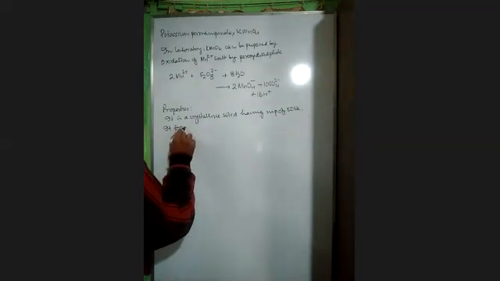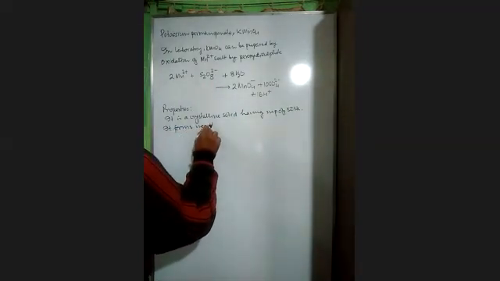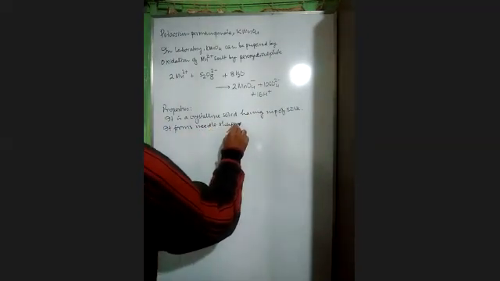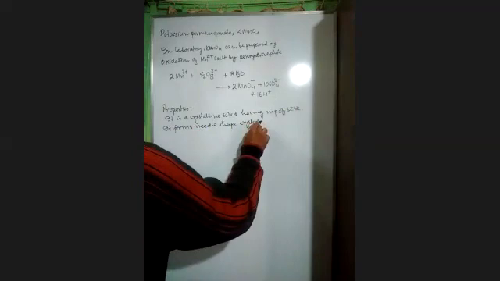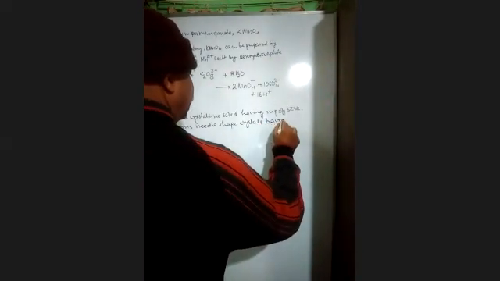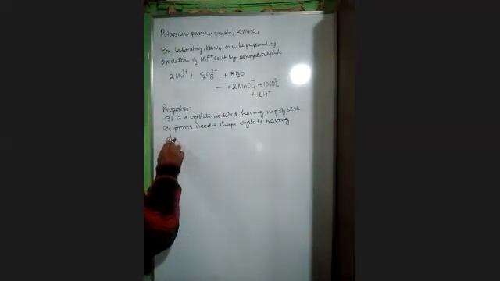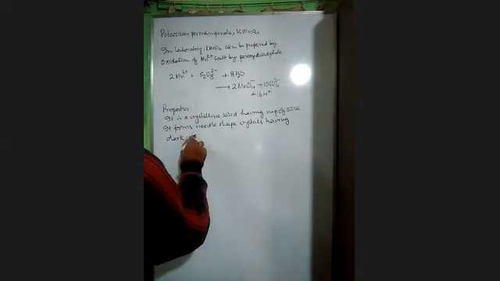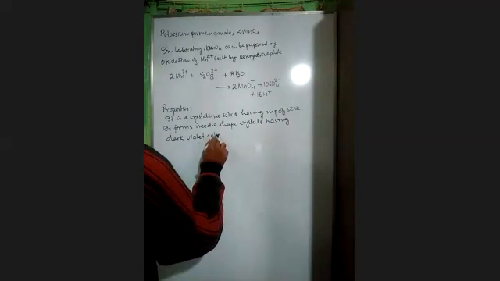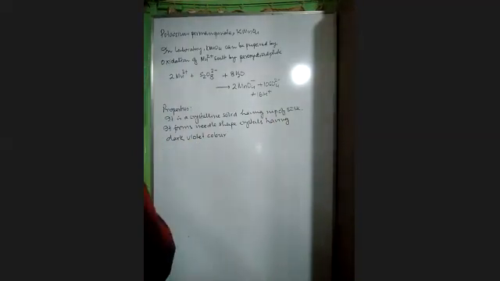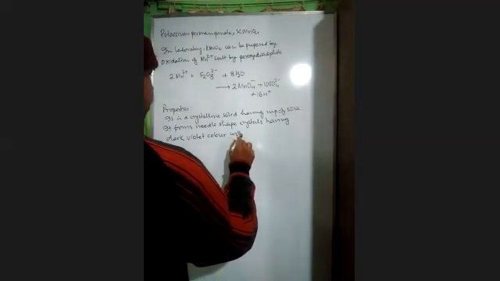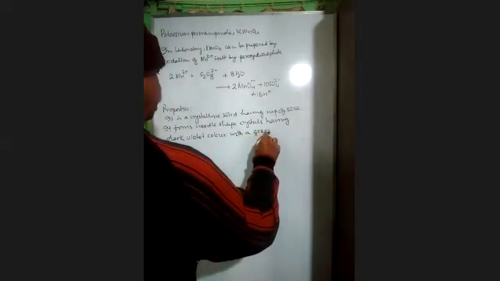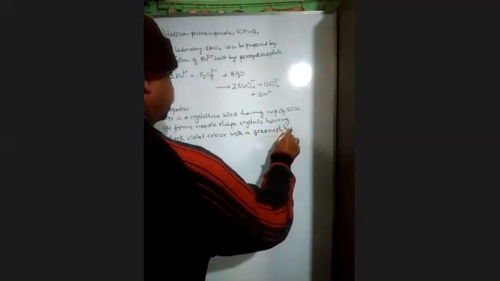It forms needle shape crystals having dark violet color with a greenish luster.